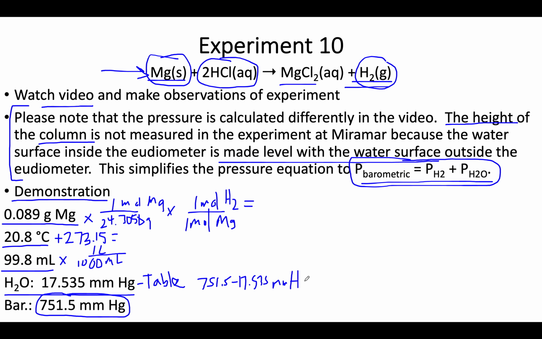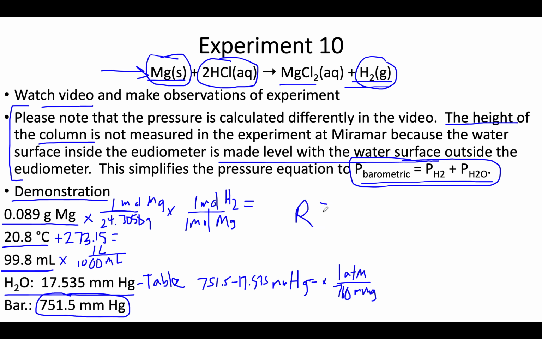Okay, well, we don't want that in millimeters of mercury, so we take that answer and convert that using our pressure conversion, 760 millimeters of mercury, and that's now in atmospheres. Okay, so we put all this together in the right units, and we can take this to solve for R.